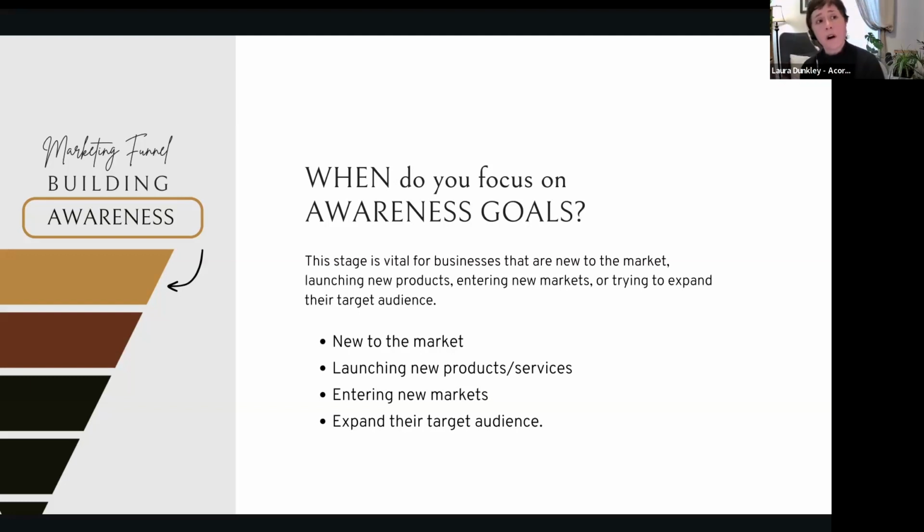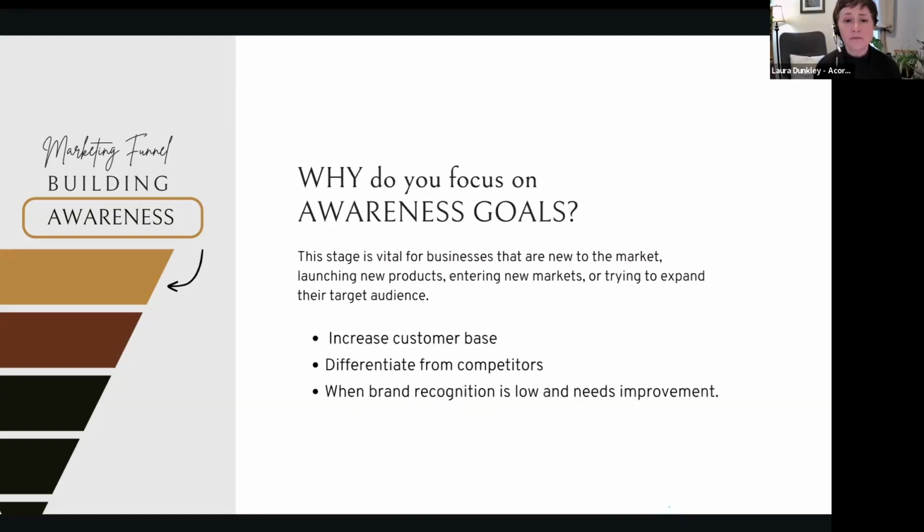So, to speak to what we were talking about earlier, maybe you're just focusing on residential in the construction industry, and then you want to go into commercial. That could be a whole new product line. It could be a whole new market, and most certainly a different target audience. So that is when we're going to spend a lot of time in the awareness stage.